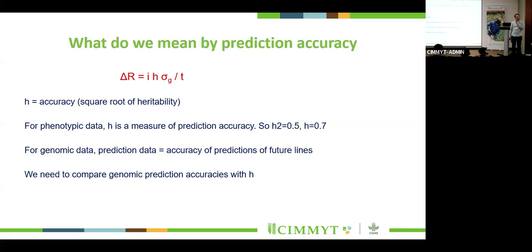We just cannot say a blind number. For things like advanced stage yield trials, heritability has to be seen with very many other parameters.